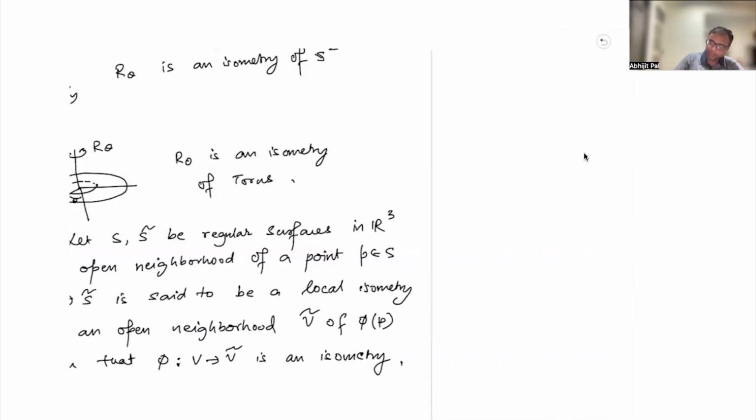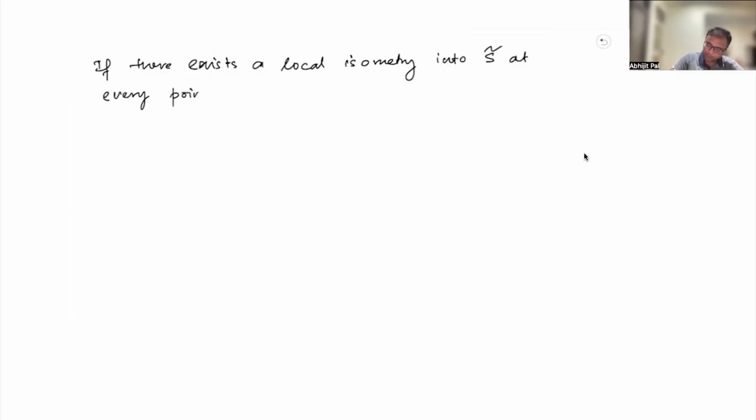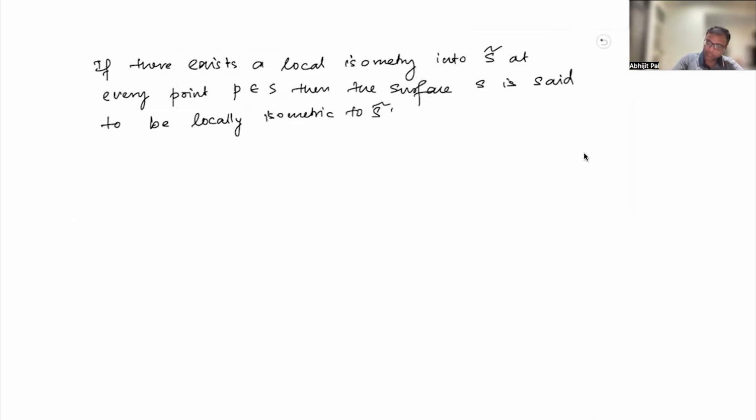Okay. Now, what is the definition of local isometry? If there exists a local isometry into S tilde at every point p belonging to S, then the surface S is said to be locally isometric to S tilde.